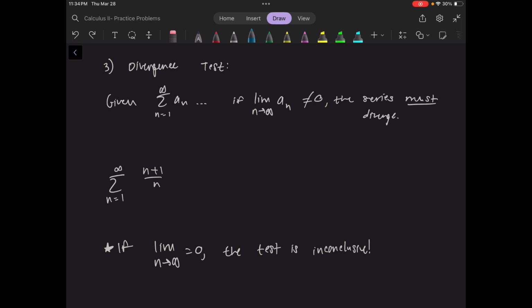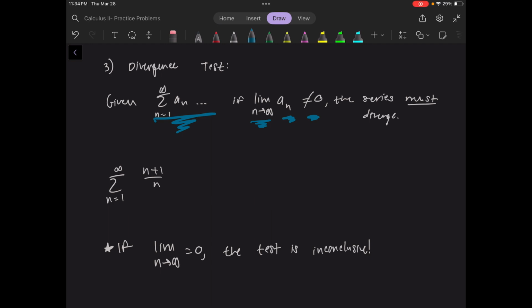So the divergence test is important because it should be the first thing that we do when we're given a series. If we're given some series like this, if the limit as n approaches infinity of a sub n does not equal 0, the series must diverge. What does that mean?